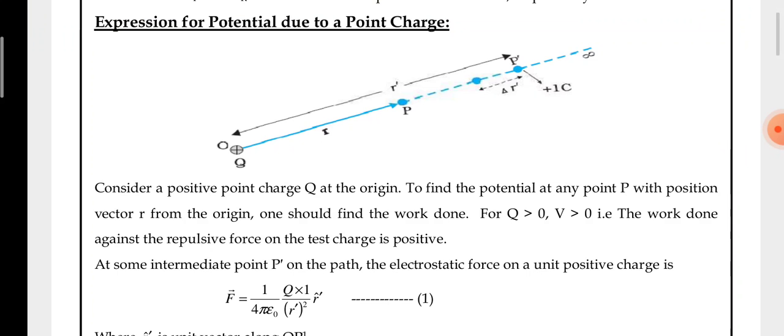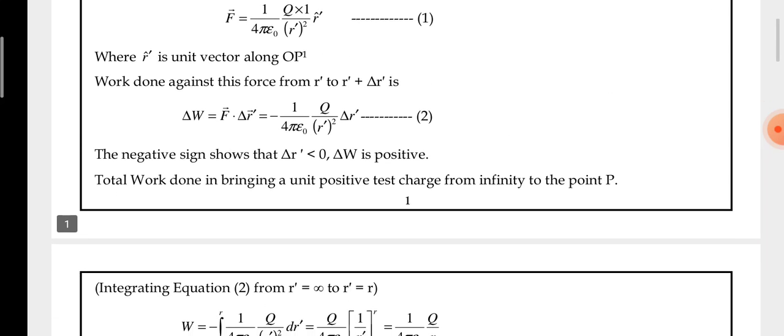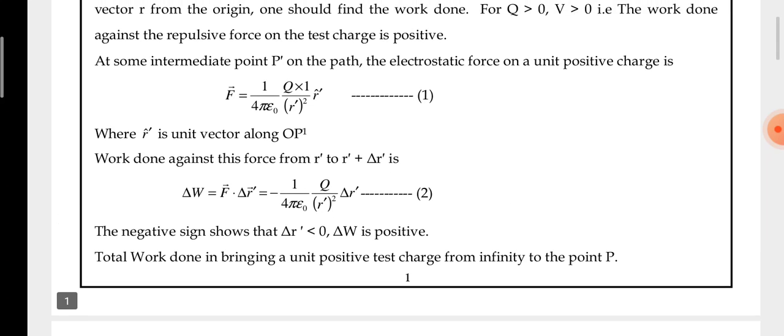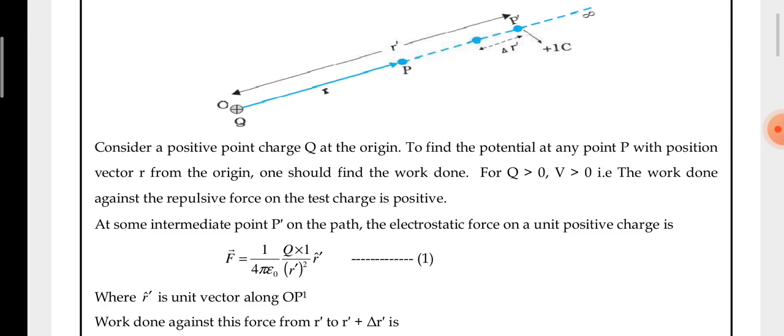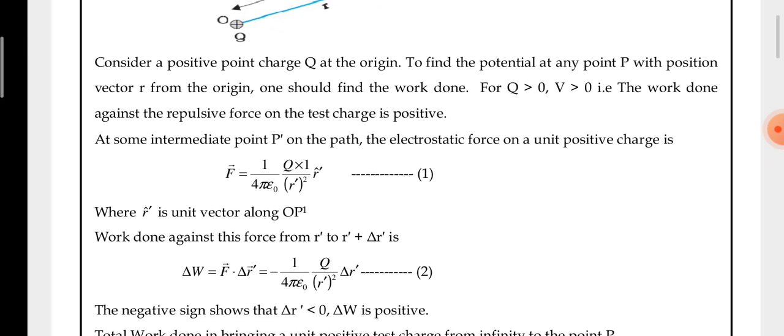Here, Q1 means capital Q, Q2 means 1 coulomb, divided by R dash square, times R cap dash. That is equation number 1, where R cap dash is the unit vector along the direction of the force.